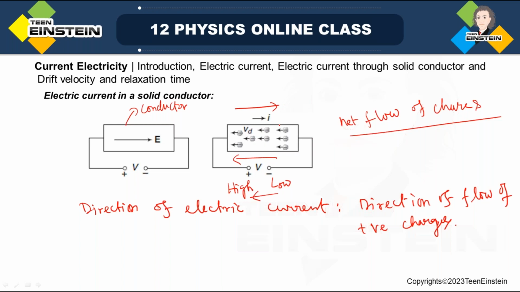See how this steady flow gets established here. It is established due to the electric field across it. How is it so?